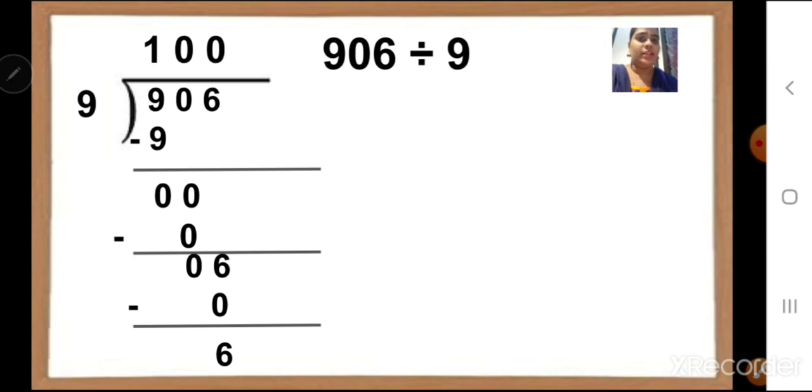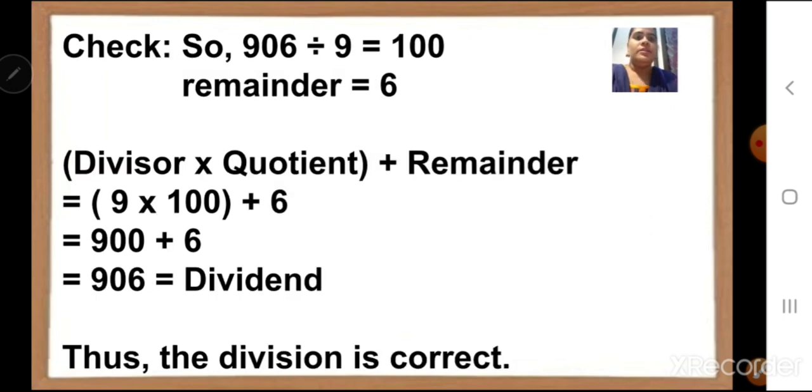Next we have to check our answer. First write 906 divided by 9 is equal to 100. Remainder is equal to 6. Okay. Write the formula. Then substitute all the numbers. Divisor, which is 9, multiplied by quotient, which is 100. Put the bracket plus 6. 6 is our remainder.